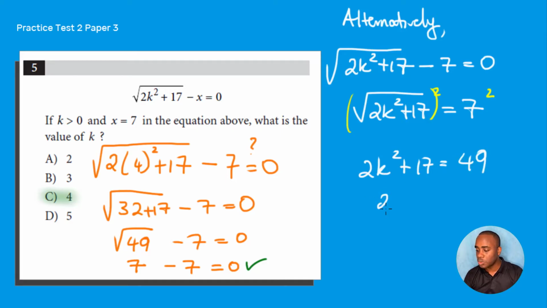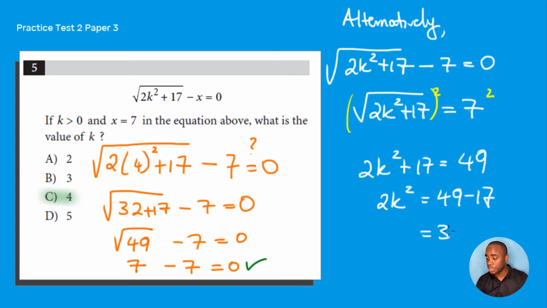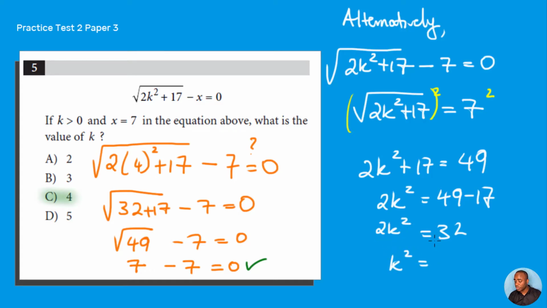So that means 2k squared is going to be equal to 49 minus 17, which is 32, which means that k squared is going to be 32 divided by 2, because we divide both sides by 2 to get rid of the 2 there. So k squared would be 16, which means that k would be the square root of 16, which is 4.